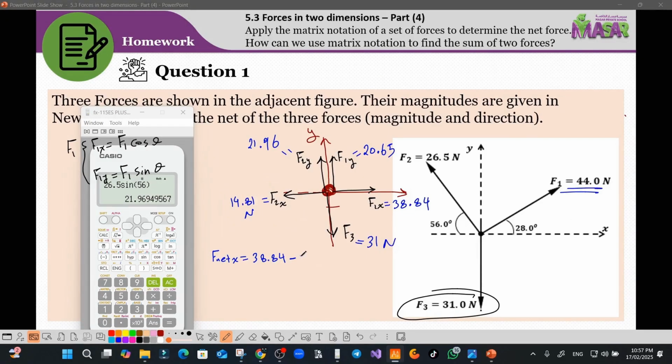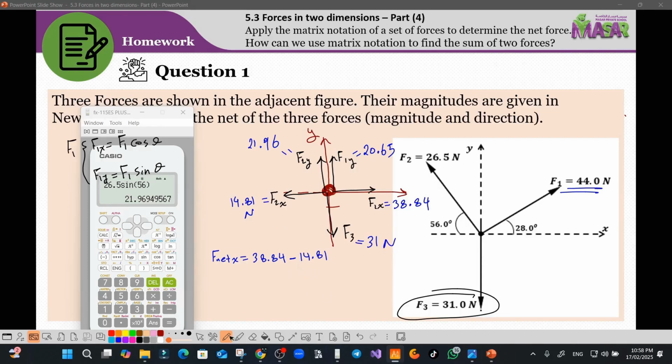This is why here I'm going to add the minus 14.81. Remember, this method is super useful if you want to save time and if the structure of the question does not require you to use the matrix notation. Now, in this sketch, I didn't add the signs at all because it's obvious that this is right, this is left, etc. Whenever I want to find the Fnet x, I just add the numbers with the corresponding signs, depending on the direction. So right is positive, left is negative.